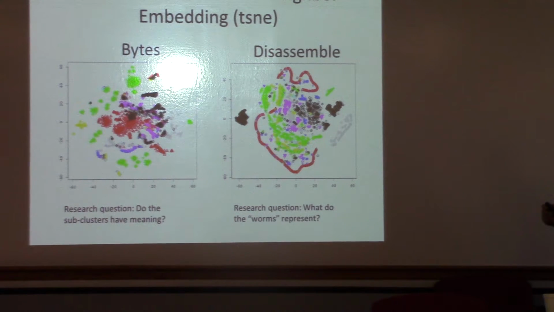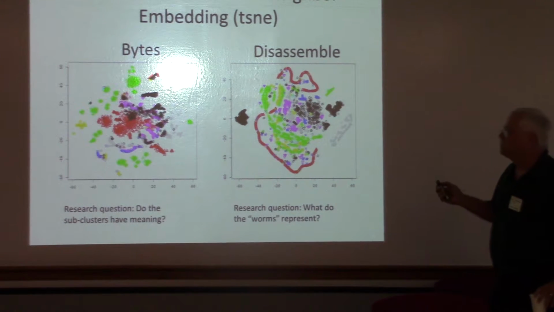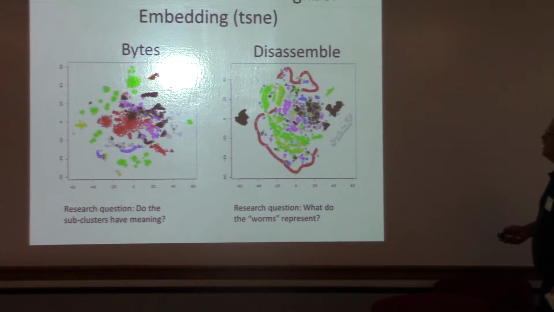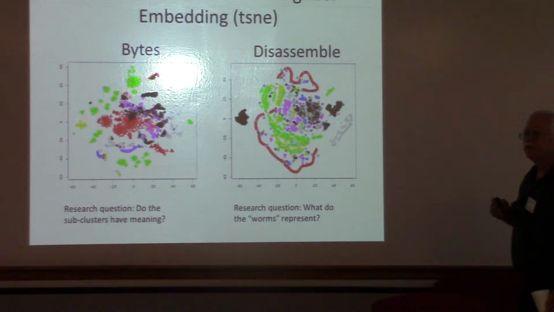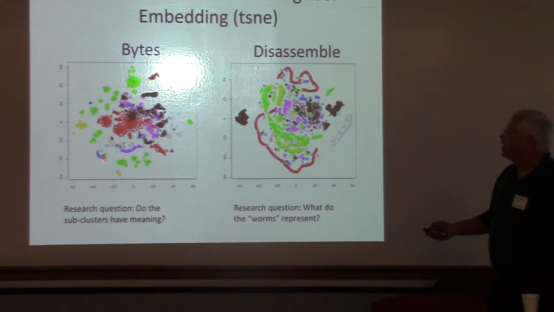So let's look at the data. This is a cute technique for visualizing data, the t-distributed stochastic neighbor embedding. If you're interested, I can tell you where to get a paper on it. You can also get code freely available. What it does is give you a 2- or 3-dimensional picture of your data. These are color-coded.